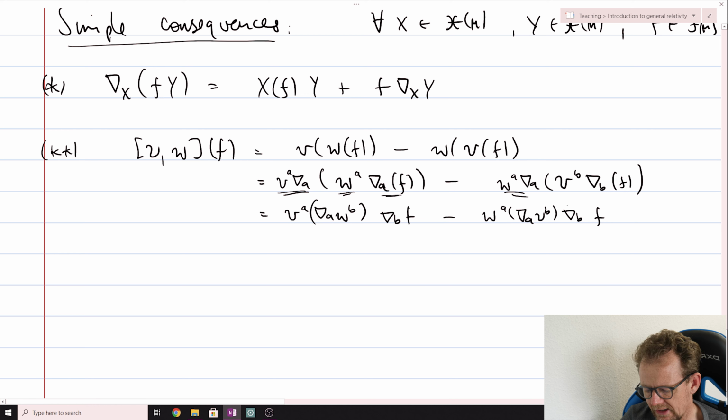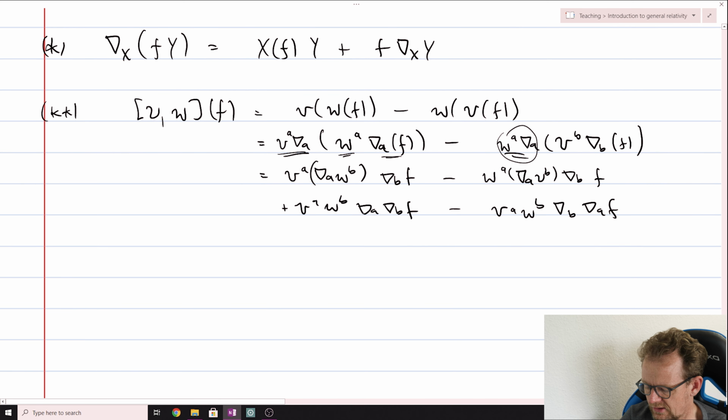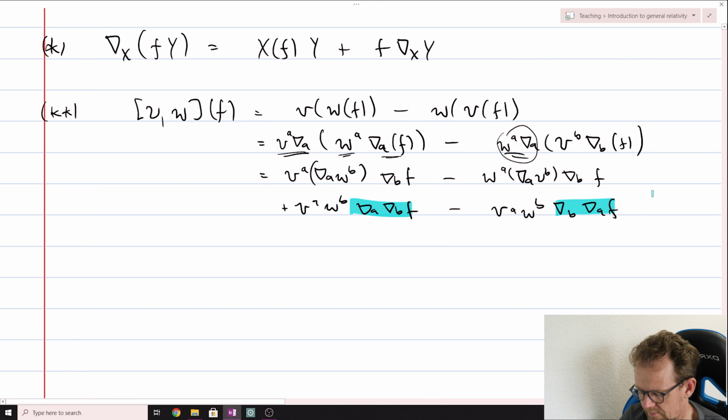This second term that I've just written out is using Leibniz on the second term in the commutator. And then we've got two more terms that we have to add in. So we've got v^a w^b delta a delta b f. That's Leibniz on the second term. And v^a w^b delta b delta a f. But according to torsion freeness, these two things are 0, so they vanish. They don't vanish separately, but their difference vanishes.